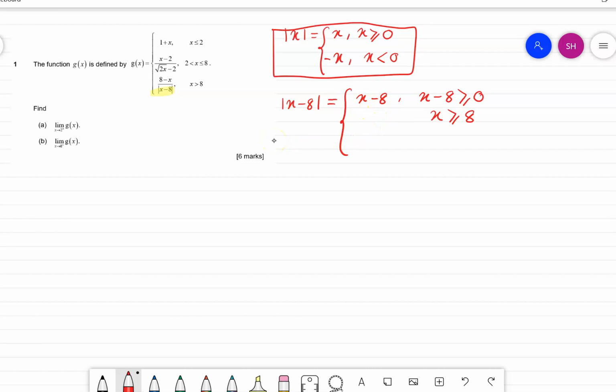The other is negative of x minus 8, with the condition that x minus 8 is less than 0. Making x the subject, x is less than 8. So for x less than 8, our function will be negative x plus 8, after opening the bracket.